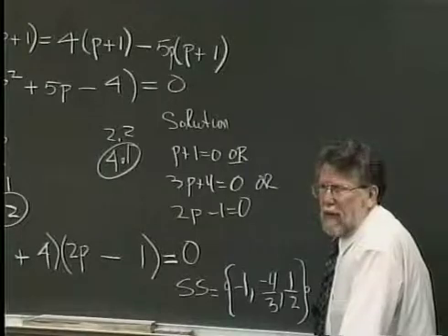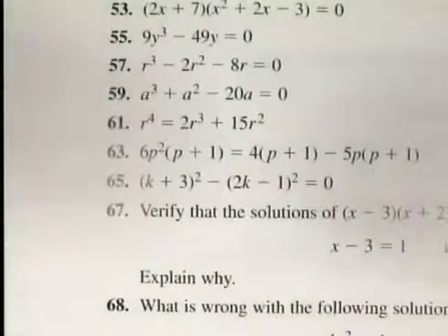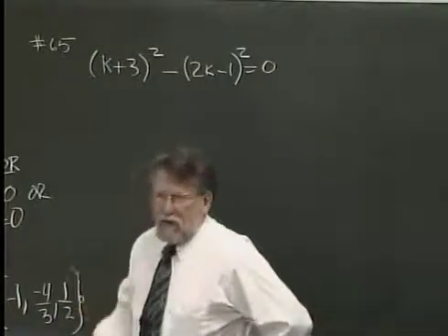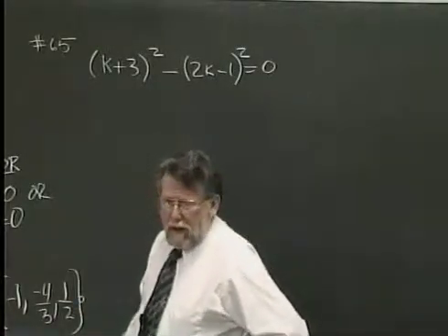Number 65, if we go back and look at the solution there, it is a difference of 2 squares. Let me write that one on the board, number 65. And I have k plus 3 quantity squared minus 2k minus 1 quantity squared equals 0. The difference of 2 squares, a sum and a difference.